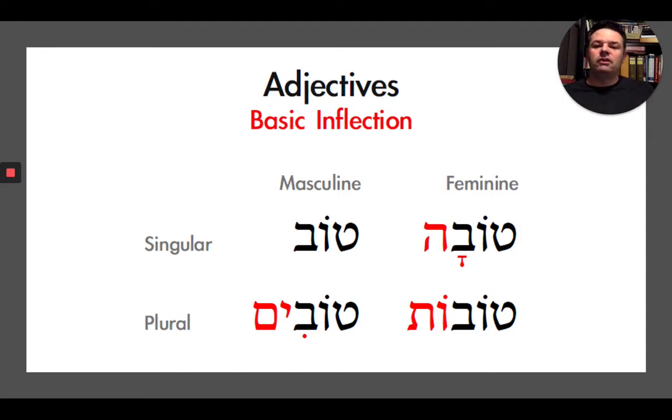So that is how adjectives are inflected, meaning how they match up with their noun counterparts. So if you wanted to say good men or good women, the plural there, you'd have to use the im and the oth endings: anashim tovim or nashim tovot.